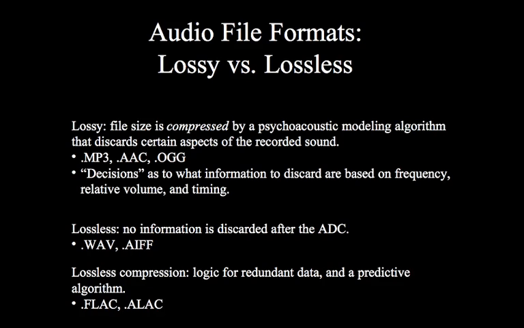These decisions as to what information to discard are based on frequency, relative changes in volume, and relative changes in time. So the algorithm is looking at the waveform and saying, okay, do we really need this tiny little wiggle here, this little change in amplitude, or can we just smooth this out?